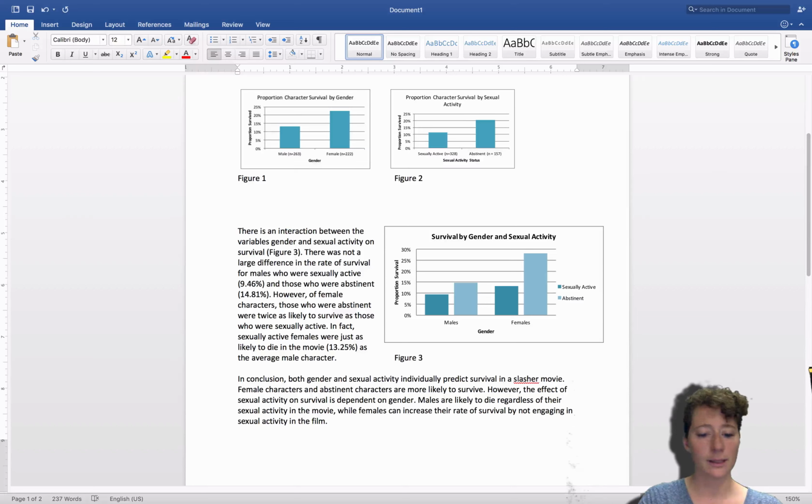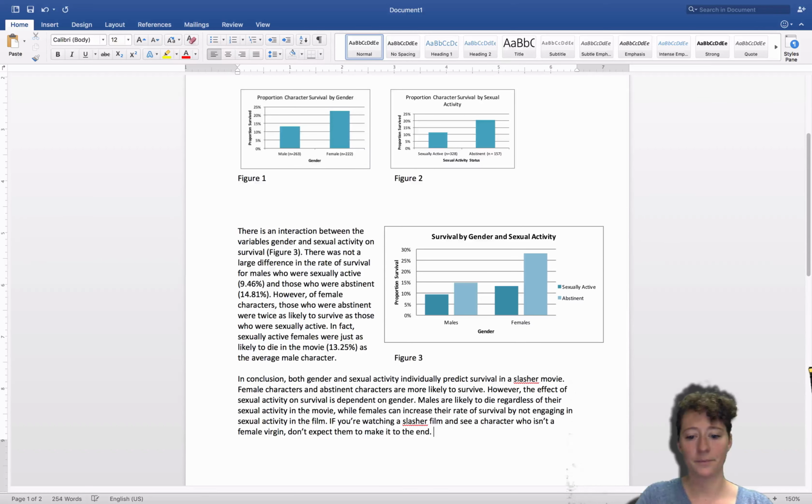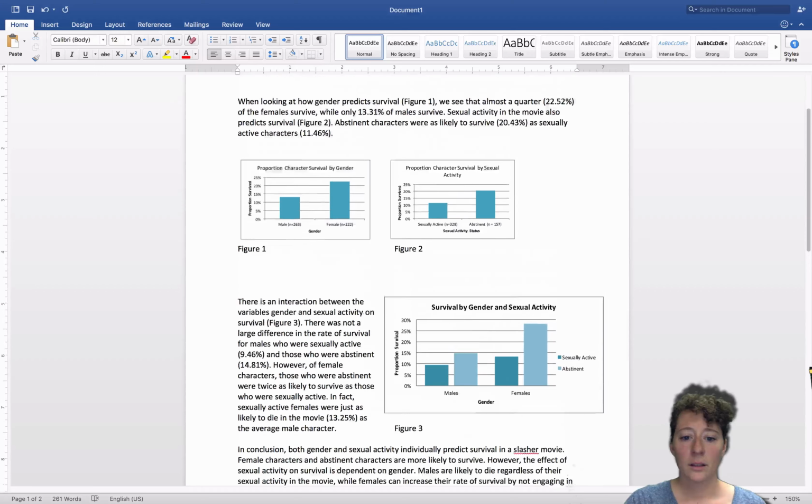So we could say something like, if you're watching a slasher film and see a character who isn't female, who isn't specifically a female virgin, you shouldn't expect them to make it to the end. So that looks pretty good.